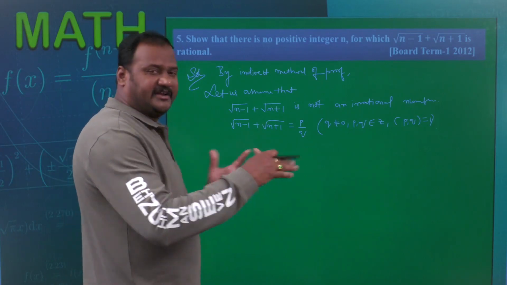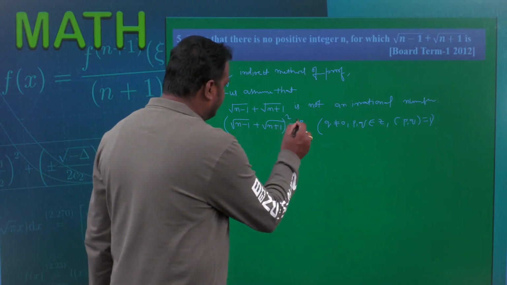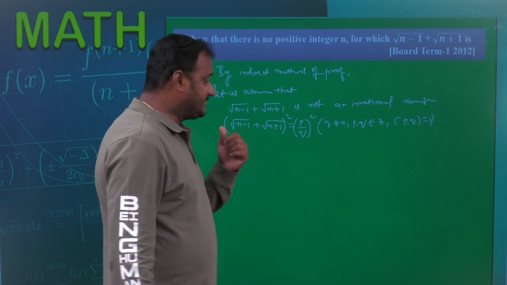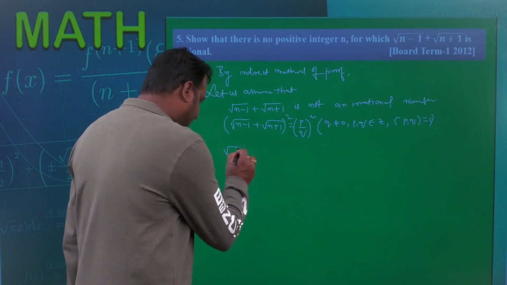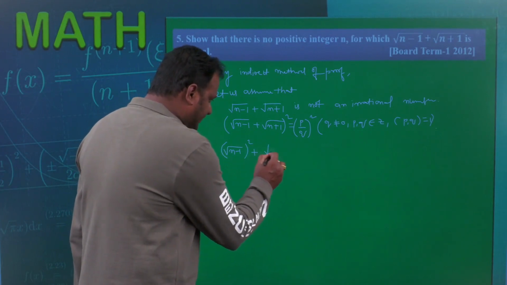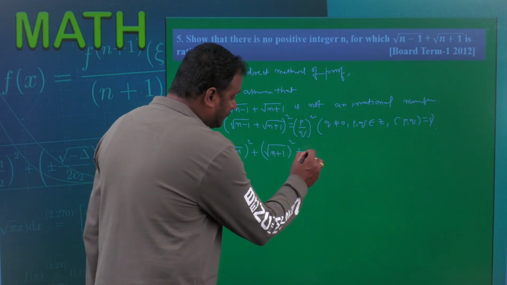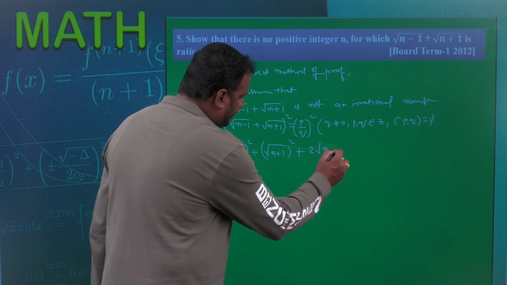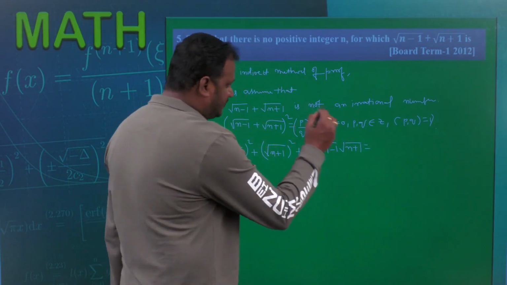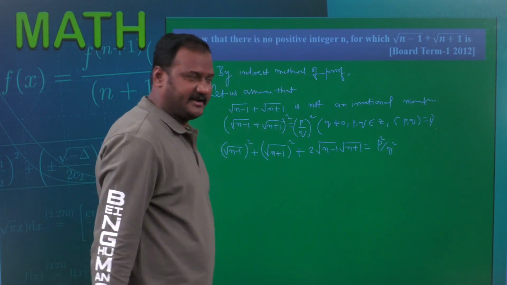I'm going to square it on both the sides. So when I square it on both the sides, whole square and whole square, it is in the form of a plus b whole square. What is a plus b whole square? A square, it means root over n minus 1 whole square, plus b square, that is root over n plus 1 whole square, plus 2ab, 2 into root over n minus 1 into root over n plus 1 is equal to p by q whole square, which is p square divided by q square, right?